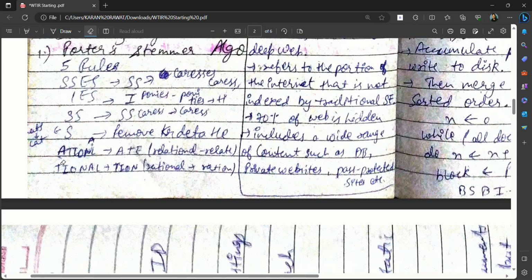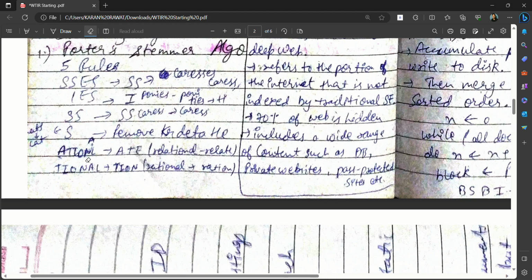Next is ATIONAL. If you have this at the end of any word, just remove it and put ATE. Now see the example, you will get to know it clearly. Examples are very important. You have relational. You can see at the end you have this ATIONAL, and you have to convert it into ATE.